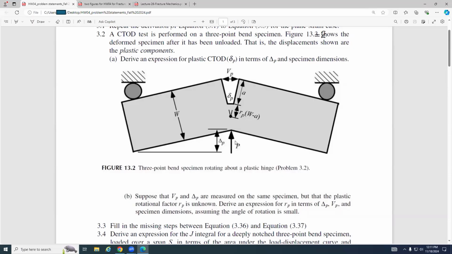Then suppose A is the crack, and assume the crack does not change, A remains the same.